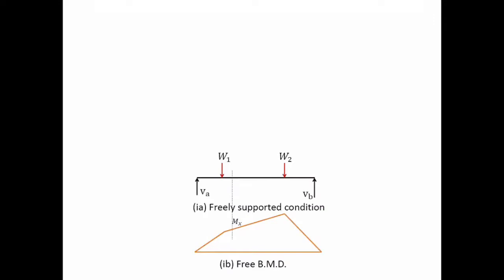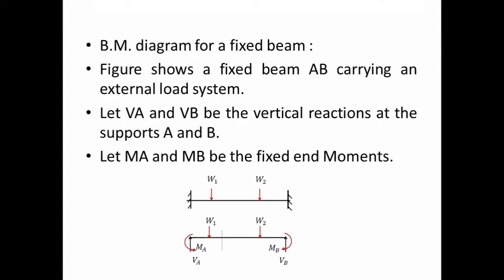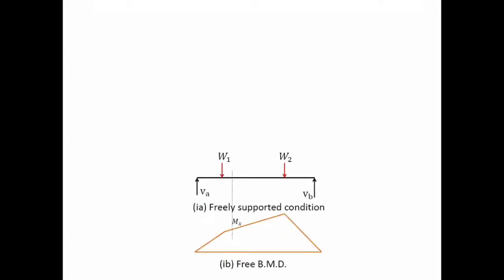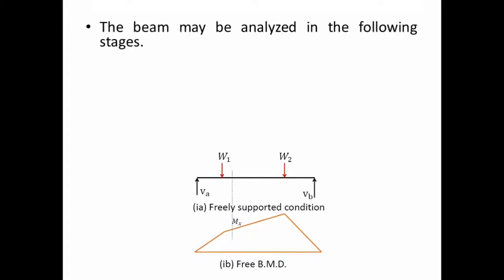Now we have removed the supports. In the previous slide, in the second diagram, we have removed the supports and made the beam simply supported. So for a simply supported beam, we know how to draw the bending moment diagram. So this is how the bending moment diagram will be for a simply supported beam. I need not explain this. So the beam may be analyzed in the following stages.